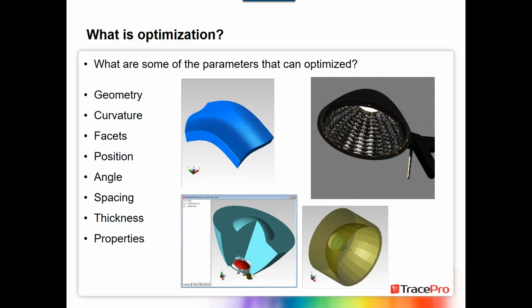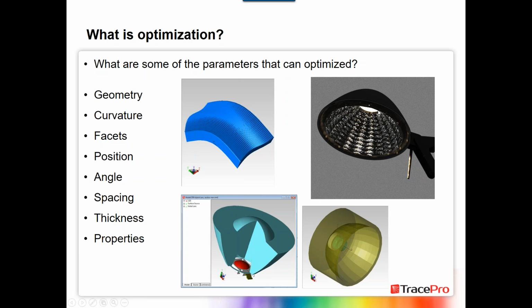And just some little examples here showing things like a curved light guide with a prismatic or faceted type surface on it. This light guide is actually curving in three dimensions, but things like the curve could be optimized, and the facet or prism angles here could be optimized to some goal.